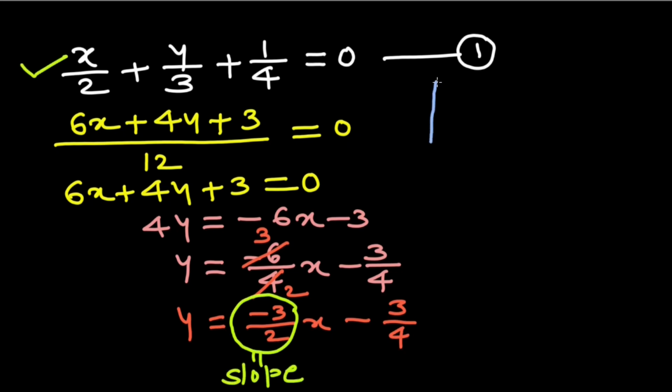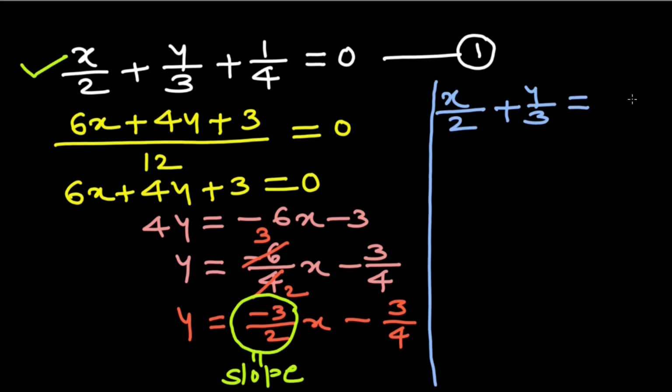From equation 1, we write x by 2 plus y by 3 equals minus 1 by 4. In order to make the right hand side 1, we will multiply the equation throughout by minus 4.